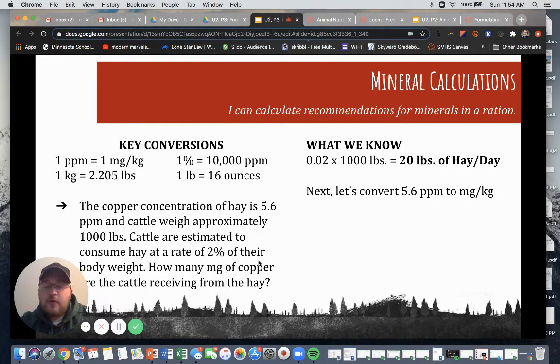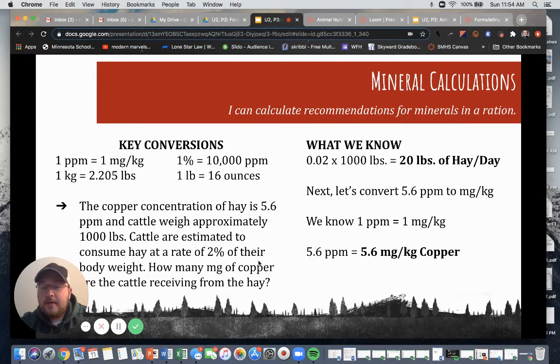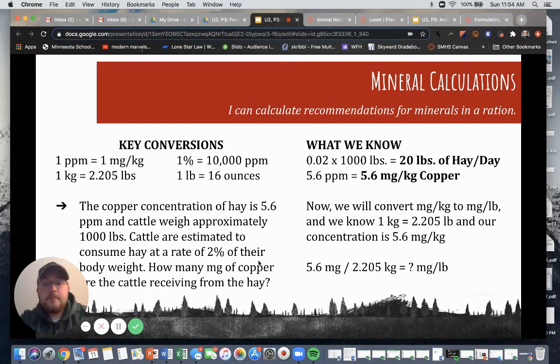Now our next step is going to be to convert 5.6 parts per million to milligrams per kilogram. So we know that 1 part per million equals 1 milligram per kilogram. So 5.6 parts per million, that's given in the problem, equals 5.6 milligrams per kilogram of copper. Okay.